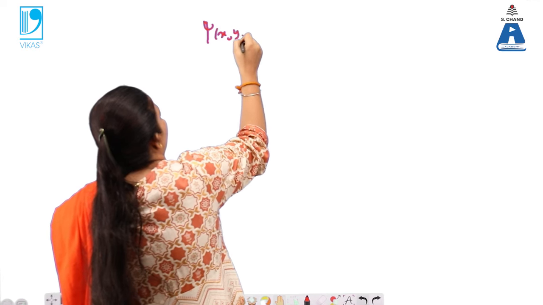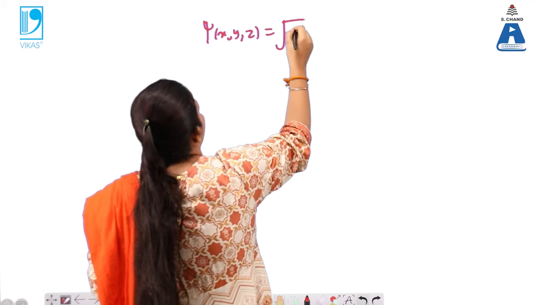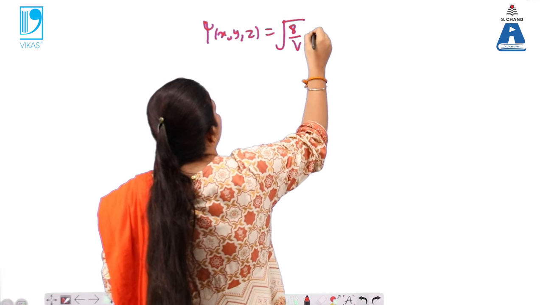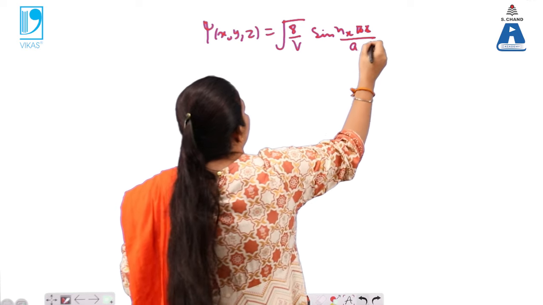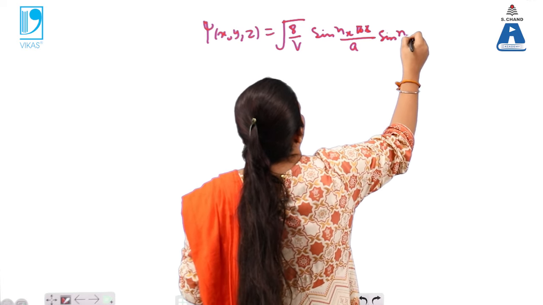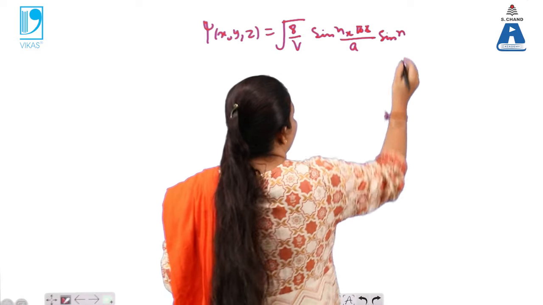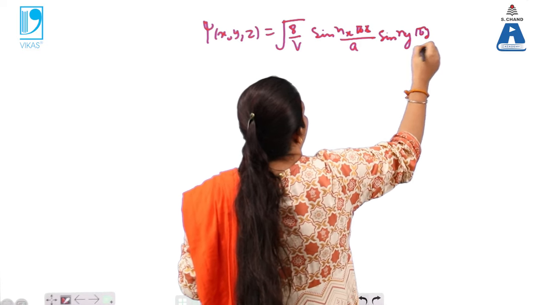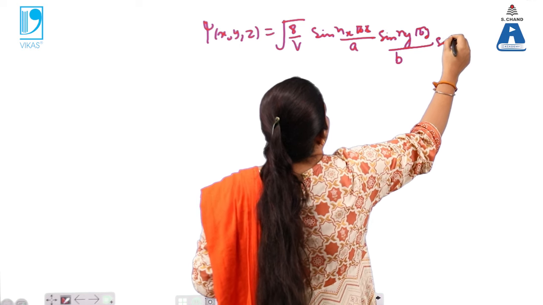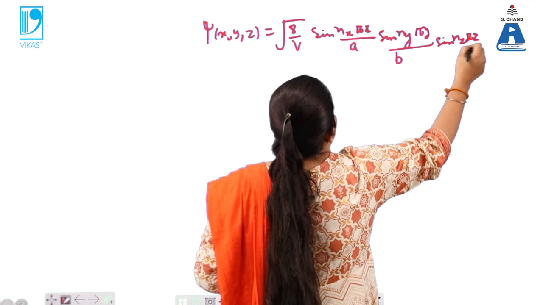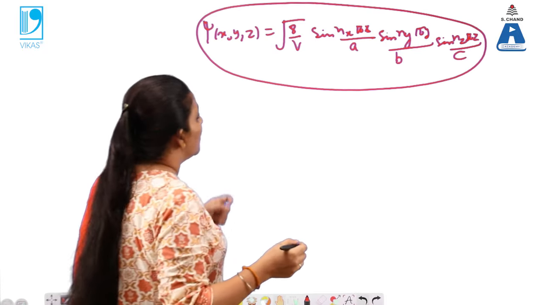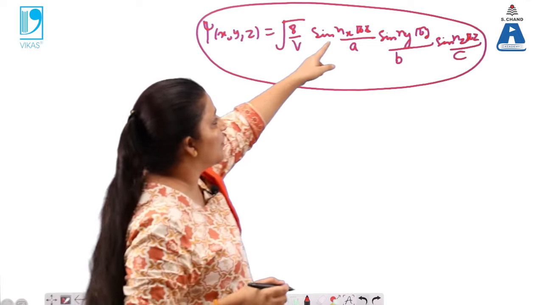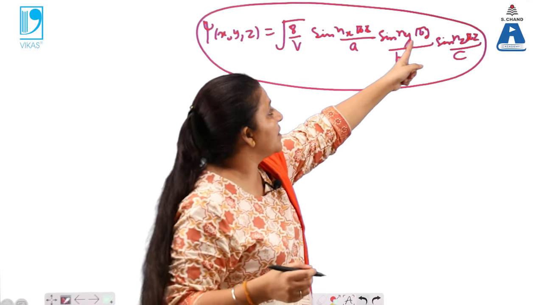So the wave function of the particle which is trapped in the 3D box also depends upon nx, ny and nz.